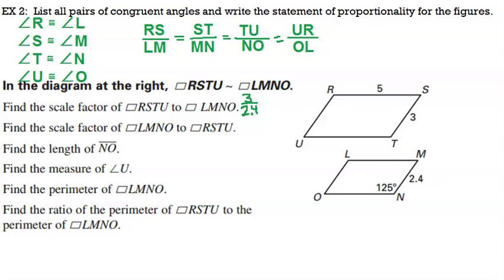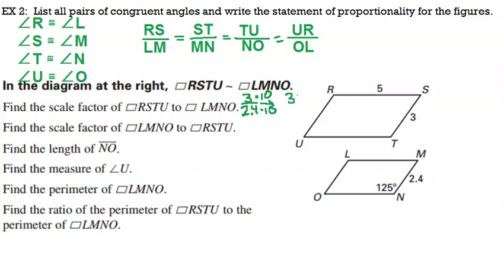Now, 3 over 2.4, we don't want to write it that way. We need to change this into something simplified. If you have a calculator that does it, that's great. But what I'm going to do instead, and I actually saw some of my students already doing this, is move that decimal over so that you can get something that's easier to reduce. Multiply the top and the bottom by 10.